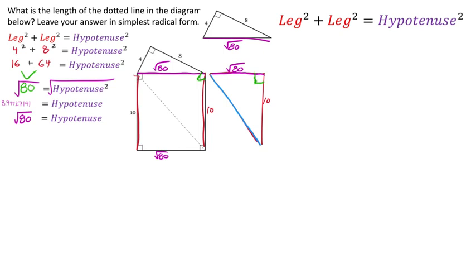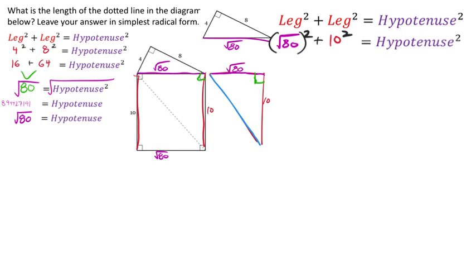So we know that we can use the Pythagorean theorem, but we have 2 legs. I've got one leg that is showing as the square root of 80. The other leg is showing as the value 10. What we don't have is the hypotenuse. So we're going to take that square root of 80 and square it, which we can do in the calculator, plus 10 to the power of 2, and this would equal the hypotenuse to the power of 2.